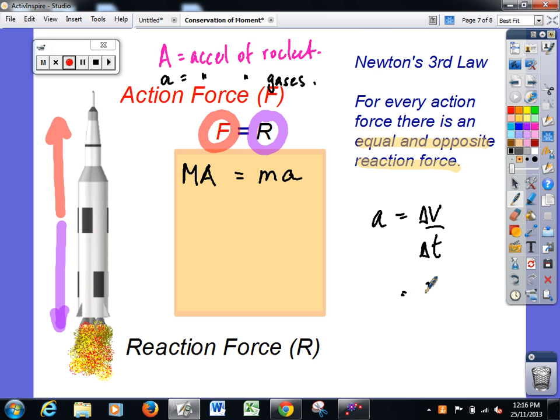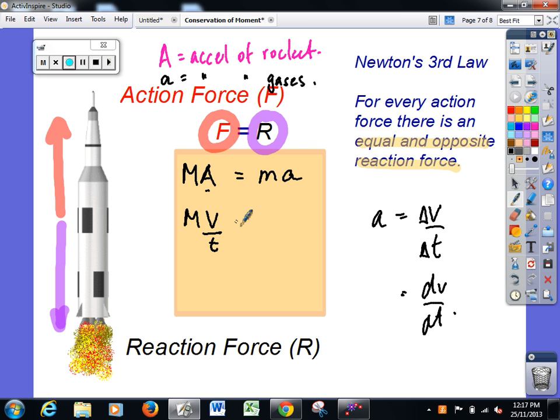But who cares? So this acceleration, this capital A, is now going to be velocity over time. Capital V, which is the velocity of the rocket, divided by the time. What time? Well, the shortest time possible, per second or per unit of time.